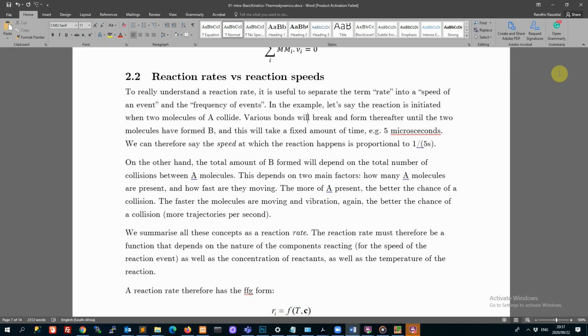So there are variations. The intrinsic speed of the event itself might be different in different regions. Sorry about that. So you might have different intrinsic speeds due to different environmental conditions. That's typical in a reactor.